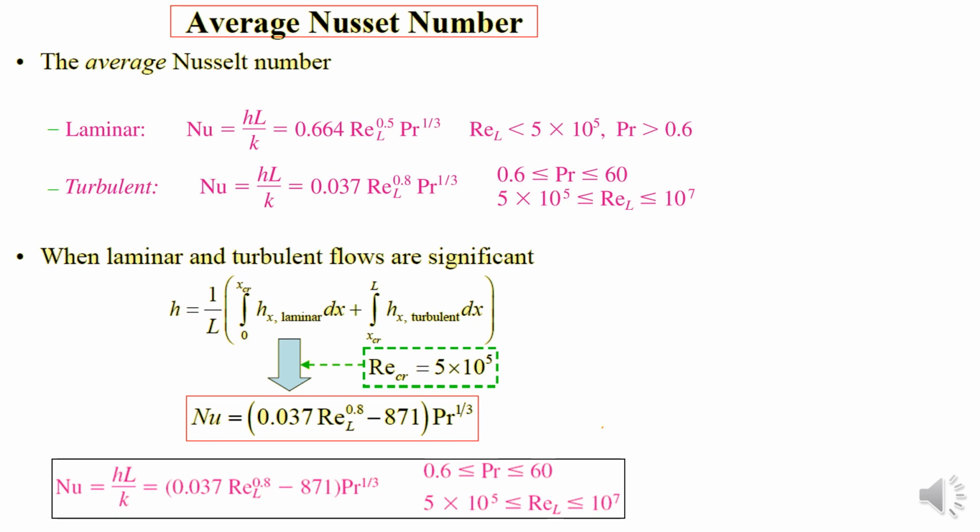In these cases, we should consider that both laminar and turbulent flow are significant, where the heat transfer convection coefficient is H equal to 1 over L, times the integration over Hx for laminar flow plus the integration over turbulent flow. From this integration we get the equation shown in pink, with the ranges of Prandtl number and Reynolds number.